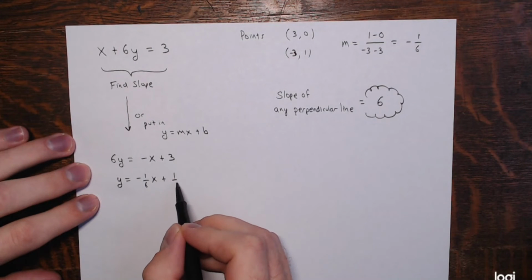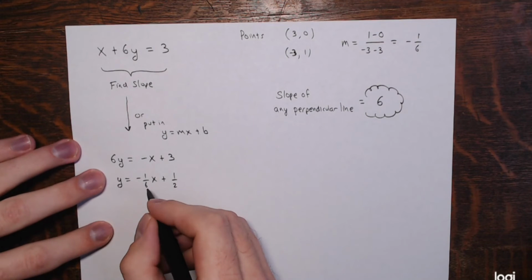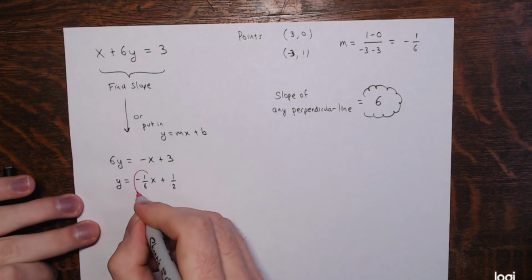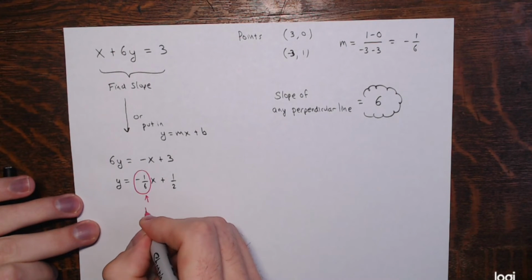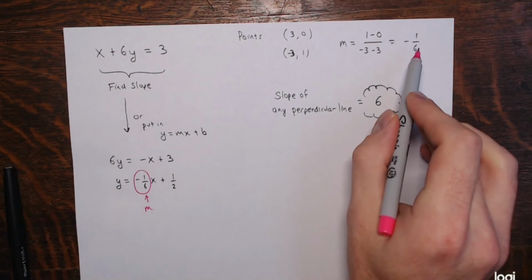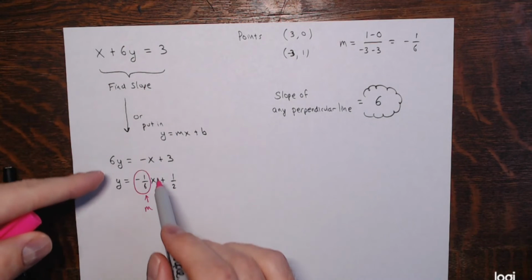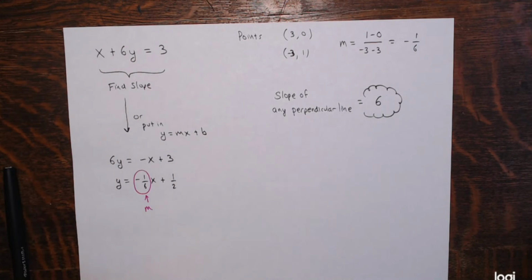And there's your slope, the coefficient of x here, -1/6. There's m, which I already showed you earlier. So it really depends on what you like doing better. I'd prefer it though if you did the slope-intercept form, because you'll find it'll make things a lot easier in later examples.